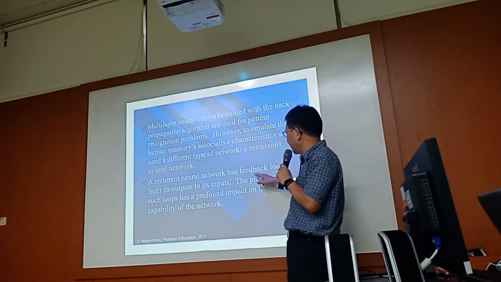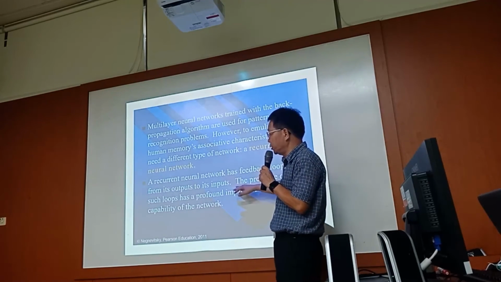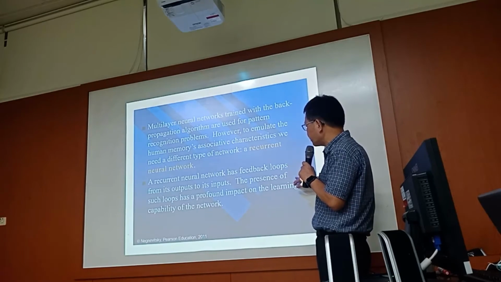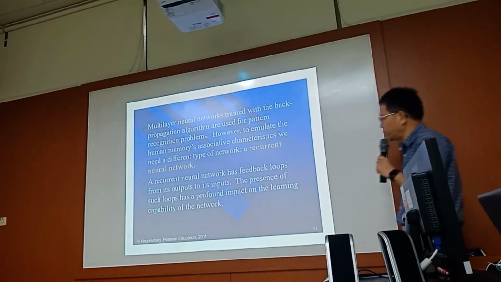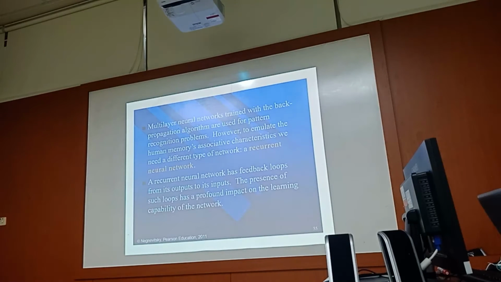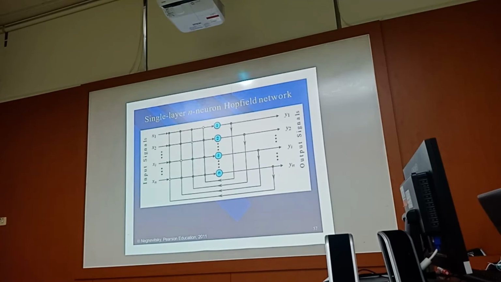A recurrent network has a feedback loop from the output to the input. The presence of such a loop has a profound impact on the learning capacity of the network. In 1982, Hopfield proposed this kind of neural network.